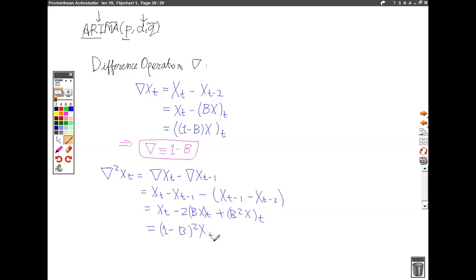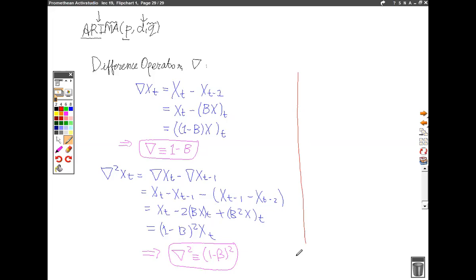xt, right? So what I can deduce from here is that if I square my difference operator, I get it as approximately equal to (1 minus B) squared, because it again performs the same operation. This is not the actual proof, but you see the pattern here, right?